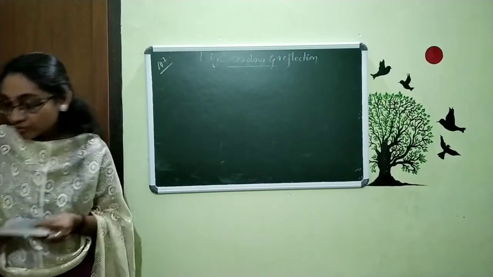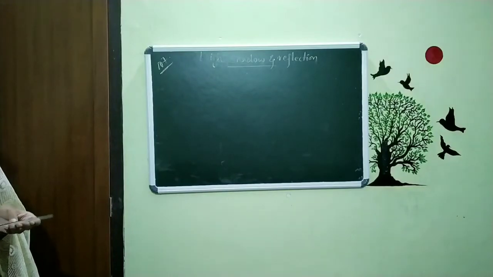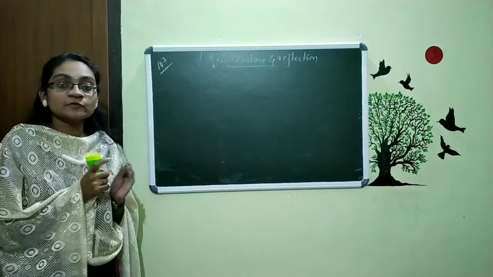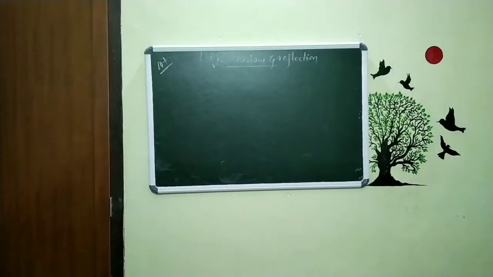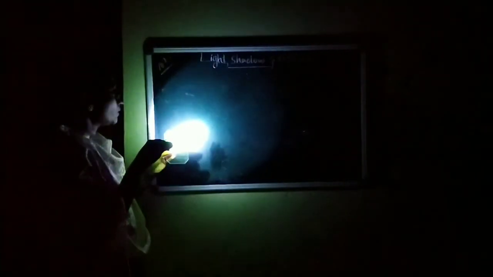So first we are going to check using the transparent material. Here I selected one piece of glass. So here I am using the torch and giving light on this glass piece. Is there any shadow? No shadow is produced on the blackboard.